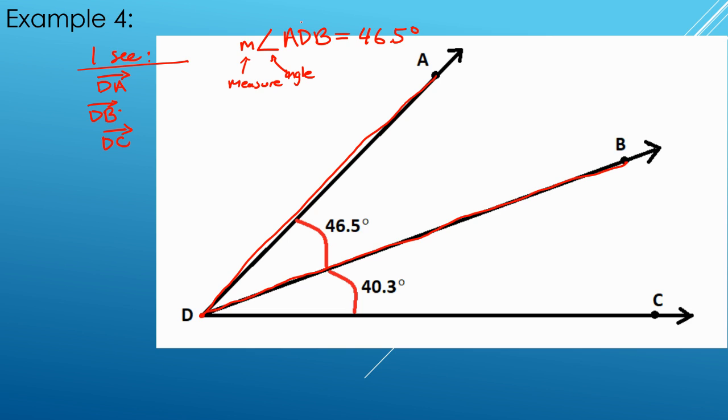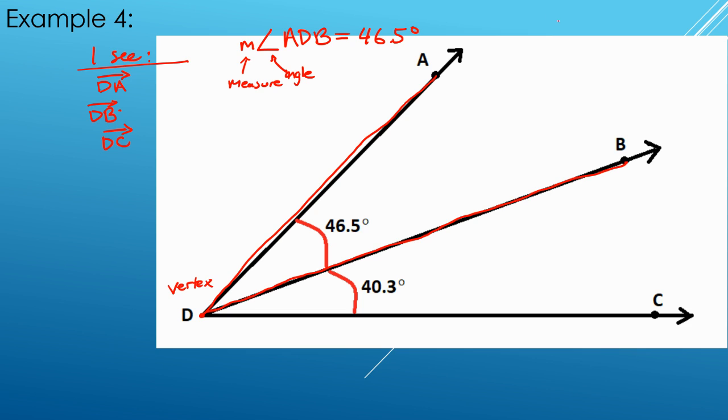And what is important about the three points I've listed, ADB, when we name an angle, you're starting from one part of one of the lines or rays down to the vertex. That's where the lines are meeting. So A to D, and then in the next direction up to the end of that line segment B.